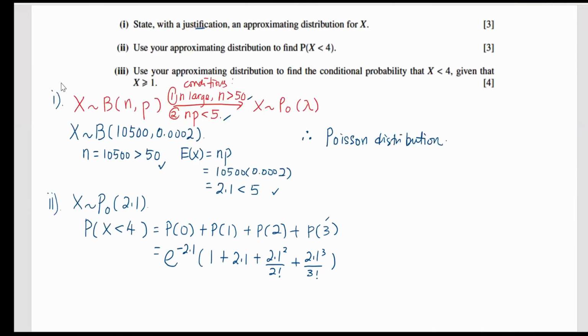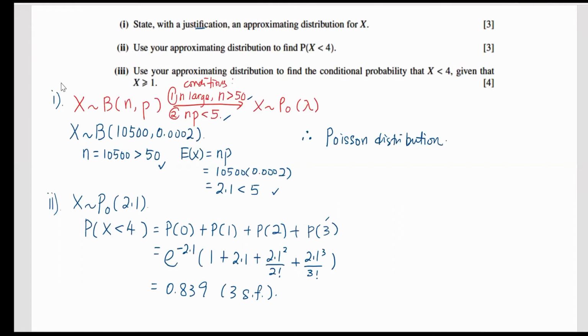So we just have to press the calculator, and we can find the probability to be 0.839, rounded off to 3 SF. That is the probability for part 2.